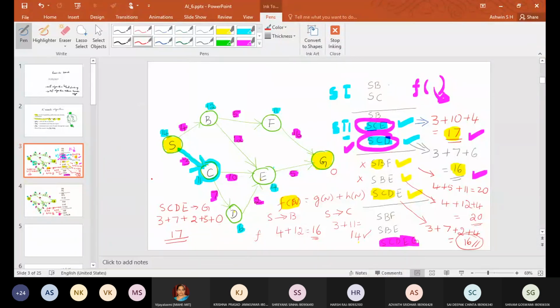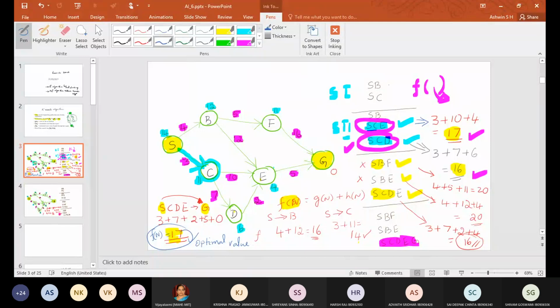So finally, when it is moved from S to G, the optimal value we have got is 17. When you have calculated f of n, where n is the final one, it is 17. This is the optimal value.